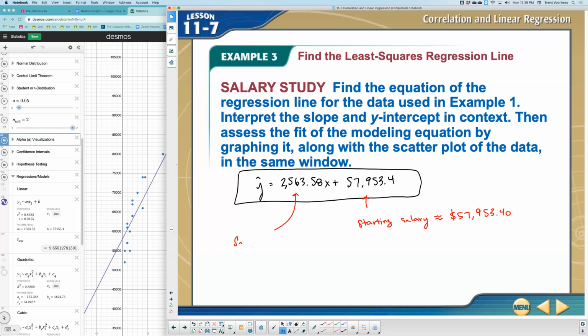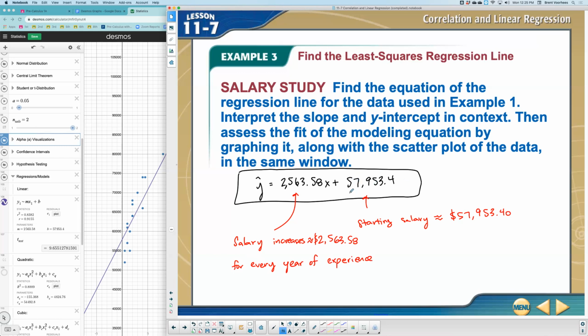The salary increases approximately $2,563.58 for every year of experience. So that's what this line and slope mean in this context.